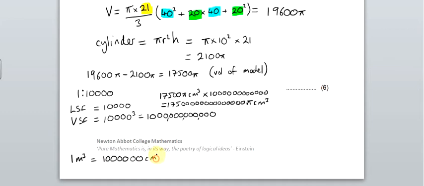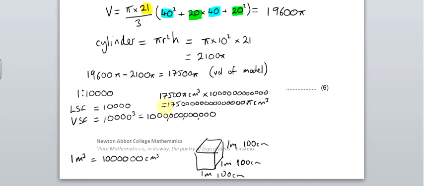If you're not sure about that, just consider a cube that is 1 meter on each side. That's 100 centimeters, 100 centimeters, and 100 in the height as well. You can see that 100 times 100 times 100 gives you the volume, which is a million. So that's how you convert cubic centimeters to cubic meters: you divide by a million.